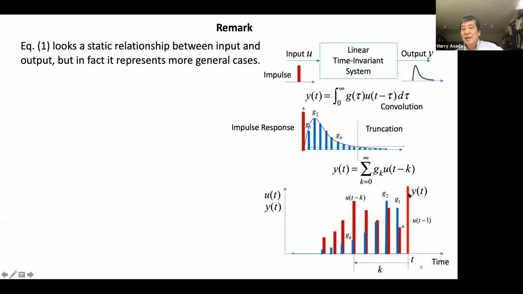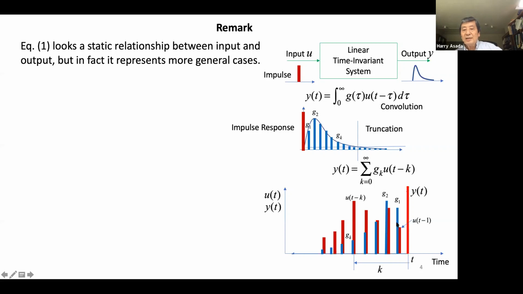And then the value y(t) reflects all the previous inputs coming to this system, but depending on when that input came to this system, it has different influence on this. It's basically a weighted sum of the previous inputs.